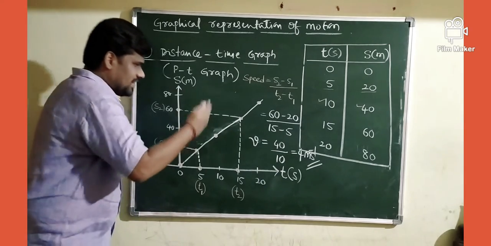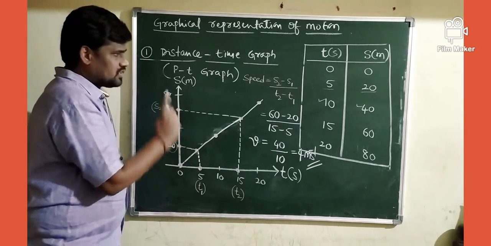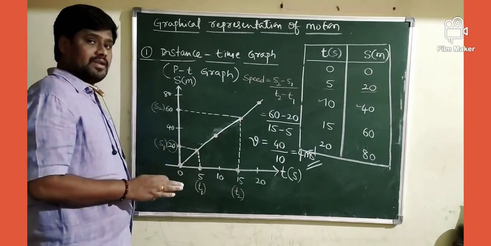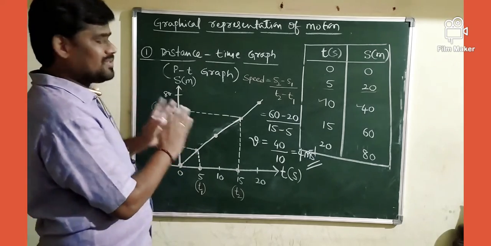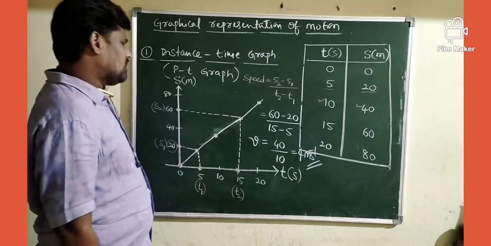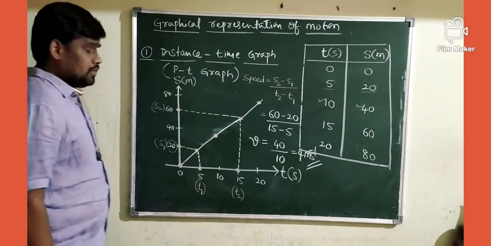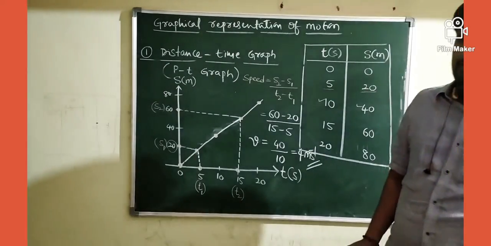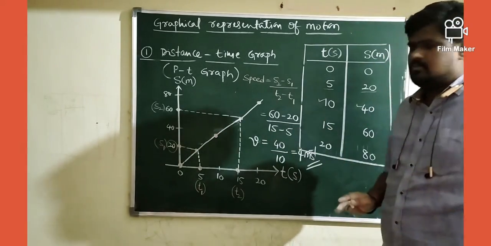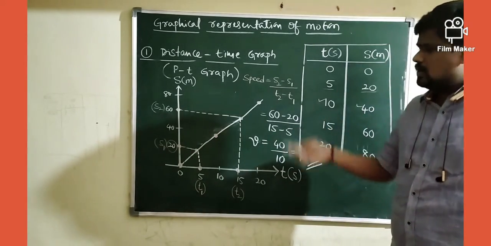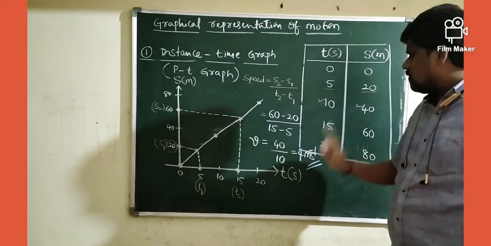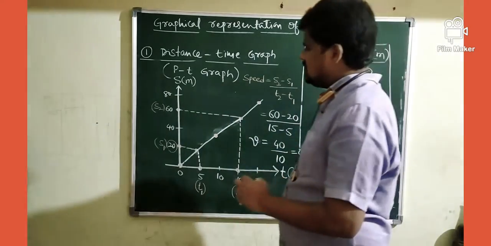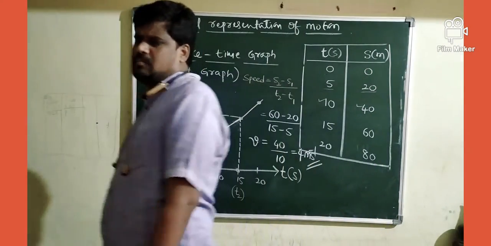So here, as I said, the graph is a straight line indicating that the speed of the body is constant. What is the meaning of the speed of the body being constant? You select any 2 points on the graph and try the same. You are going to get the same value, 4 meter per second. Conclusion is very simple.